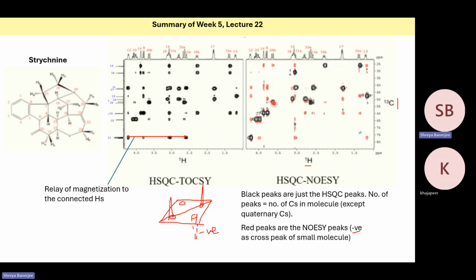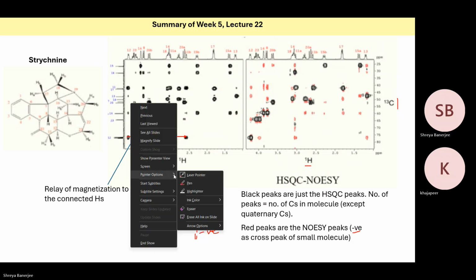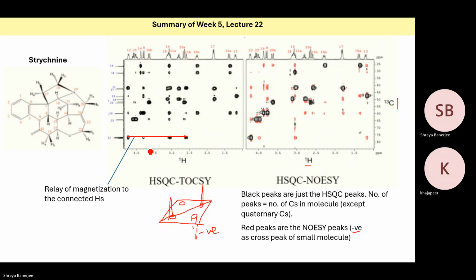Let us first look at the HSQC-TOCSY. There is one black peak here, which is due to the HSQC, the same black peak which appears here, because the HSQC will be the same in both cases. The only difference is one is TOCSY, one is NOESY. If you start from this amide NH, you can imagine this as alpha, beta, gamma.